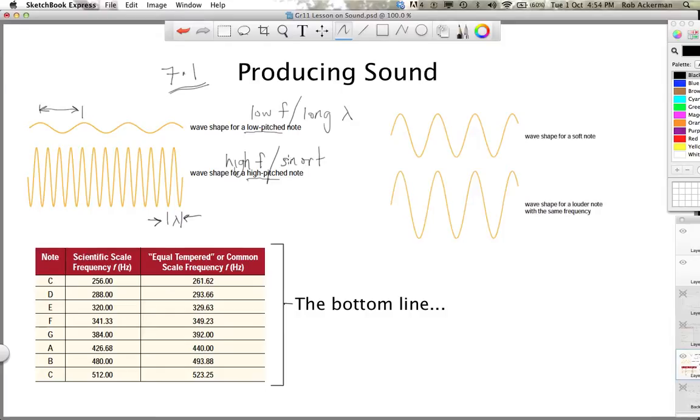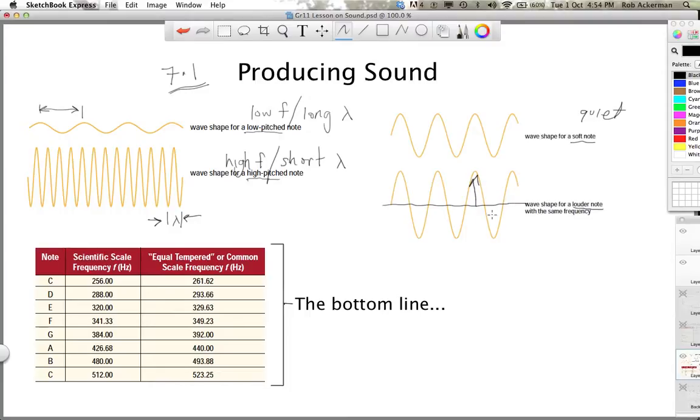And I think most of you knew that already, which is why I'm going through this fairly quickly. We have mentioned this a number of times in class, and you've looked at waves on the oscilloscope, which shows the higher pitched waves to look more like this. In the diagram, they also talk about what a soft or a quiet note might look like versus a louder note. And here you can see that it's the amplitude that is different.